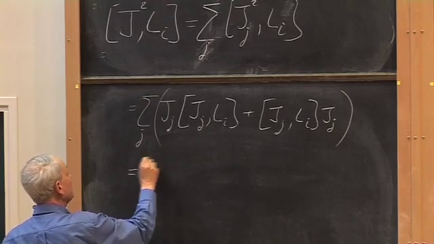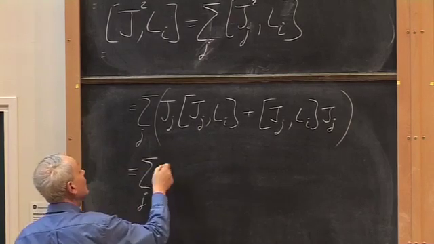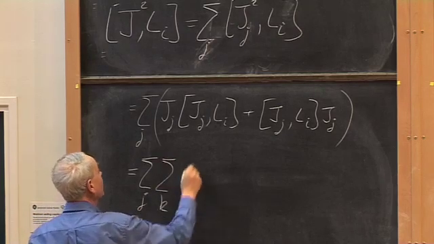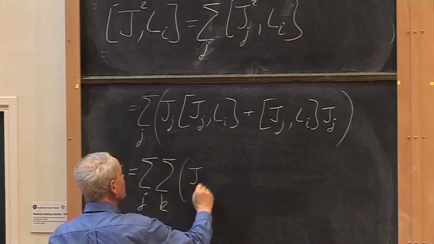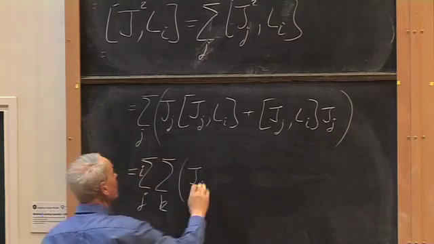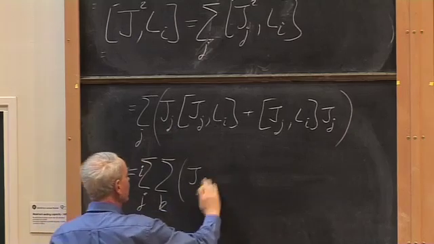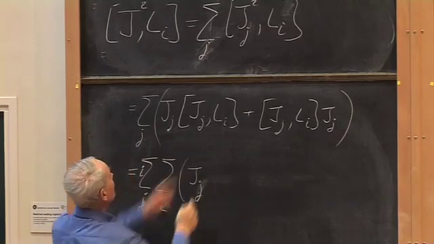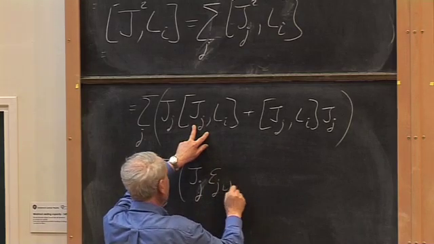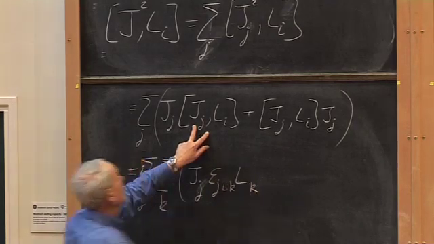So this is going to be a sum over j, and then there is going to be a sum over k coming up of Jj. There will be an i from the commutator. So Jj, that's this one here. Make sure that's clear. This is going to be epsilon jik Lk.